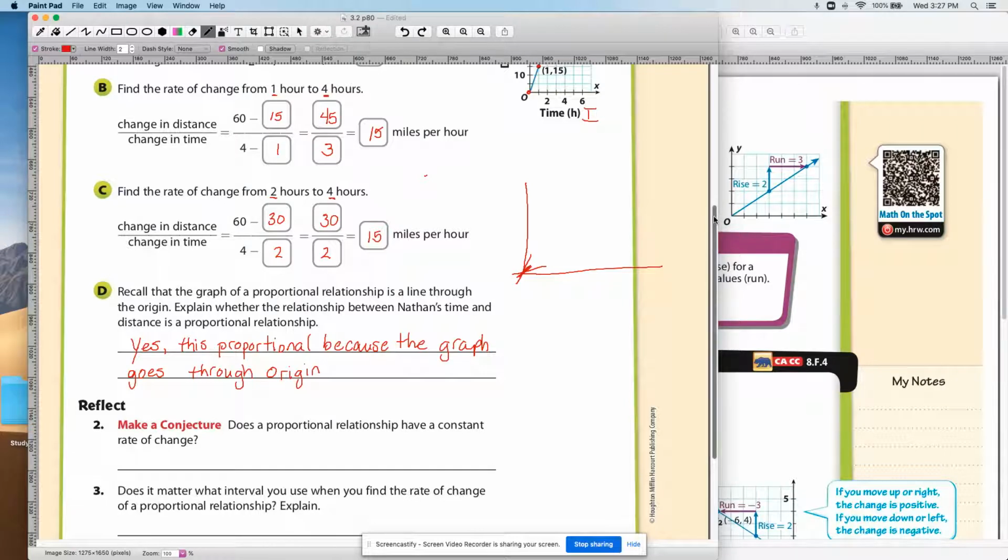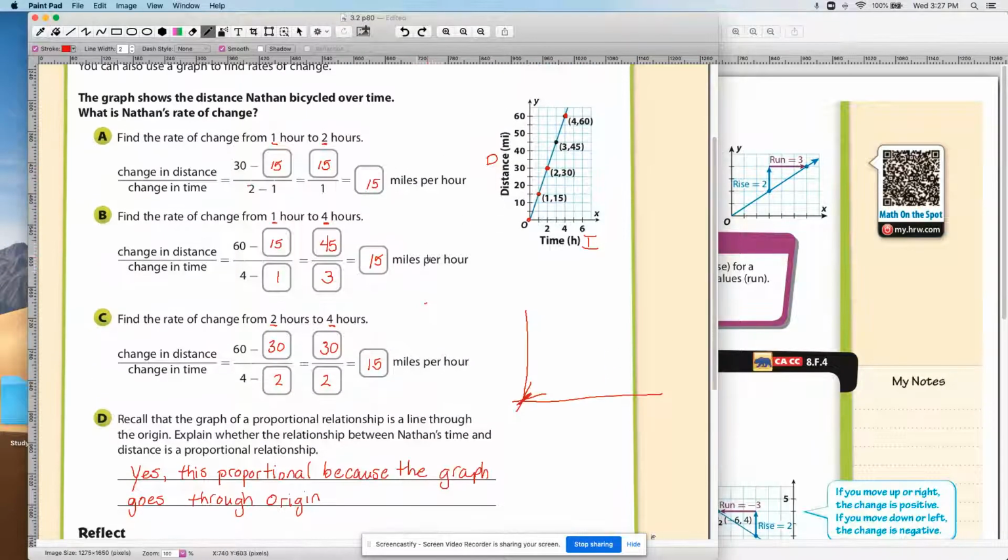So if we didn't have a graph and we had this information maybe in a table, one way we could tell if it's a proportional relationship is, if Nathan rode his bike 0 hours, how far would he go? He would go 0 distance. So we can see right away that it's going to go through the origin.